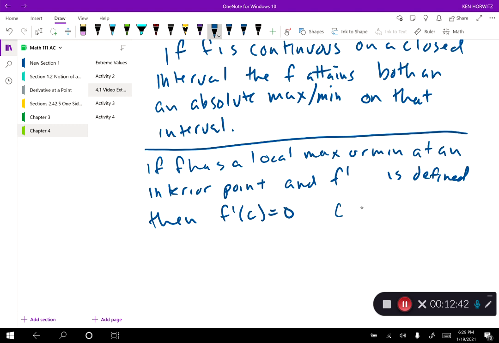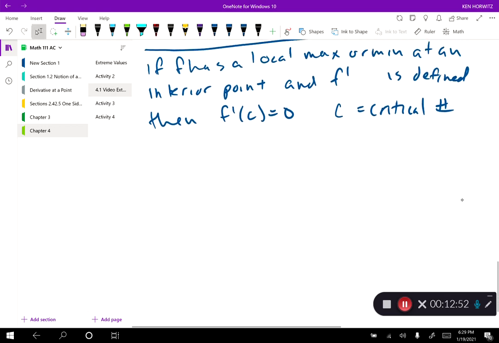C would then be called your critical number. All right, and a critical number is where you potentially have a max or a min.